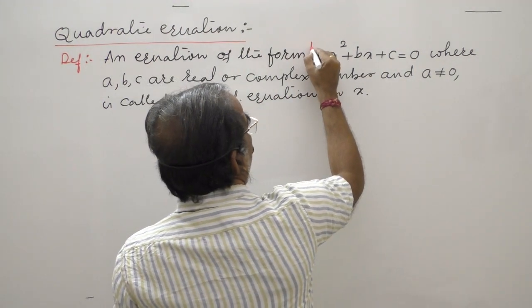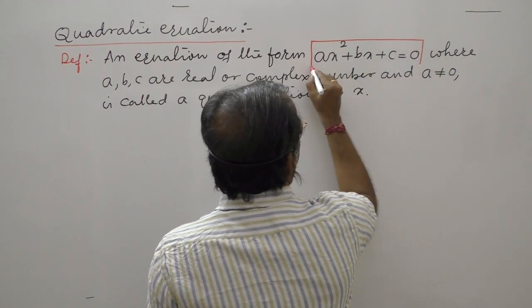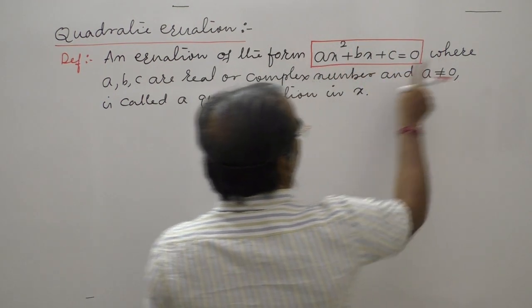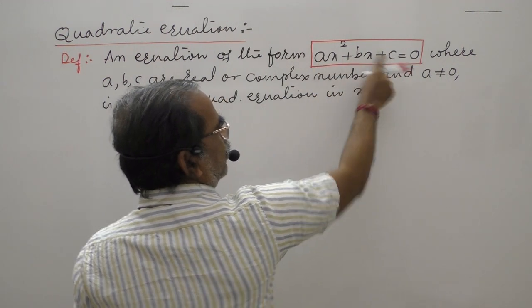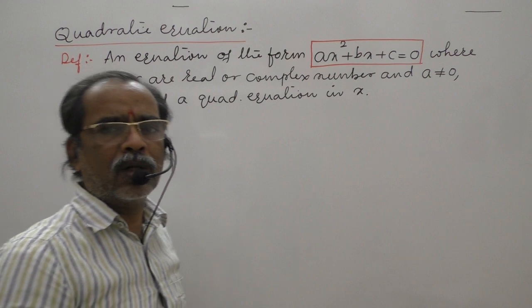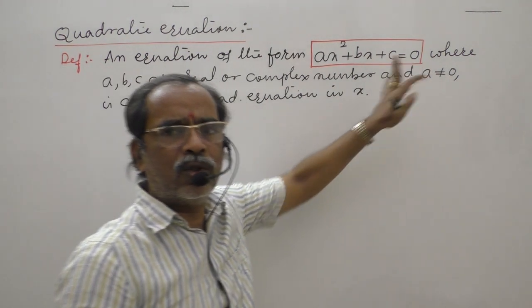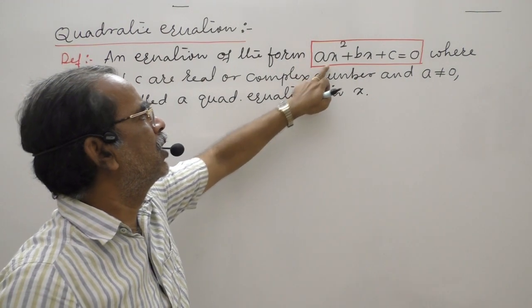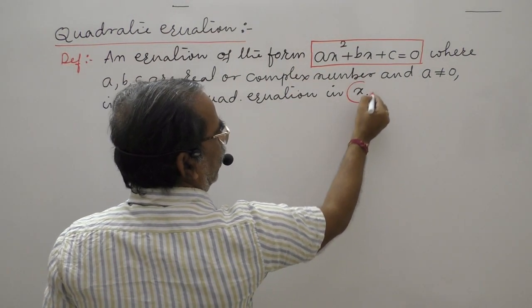An equation of the form ax square plus bx plus c is equal to 0, where a, b, c, these constants, these coefficients, can be real numbers or complex numbers. Again, a not equal to 0. This equation is called a quadratic equation in the variable x.